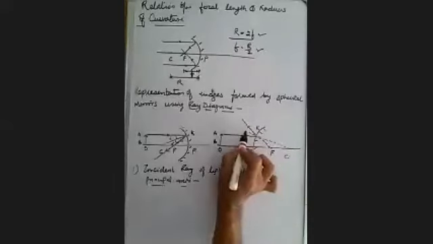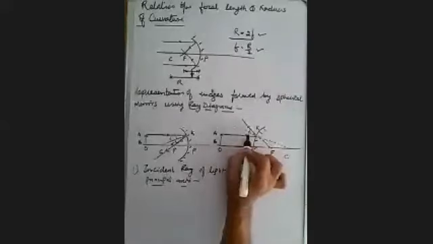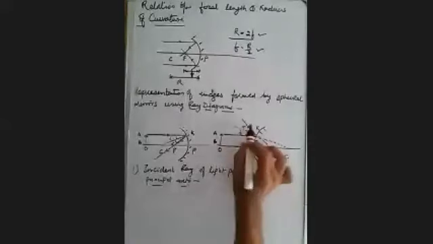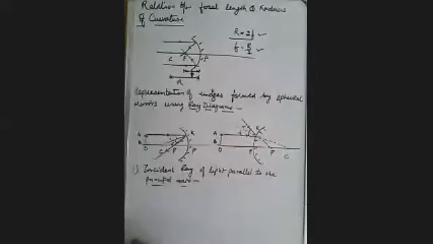You will find that KC becomes the normal at point K. So this angle is the angle of incidence and this is the angle of reflection, and both are equal. So the first law of reflection is being obeyed here, and that is why the ray is reflected in this particular direction. So this is one ray.